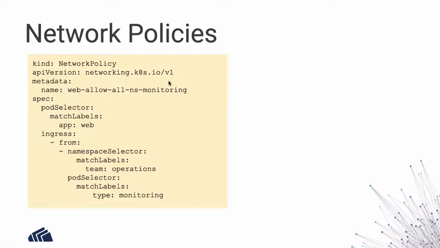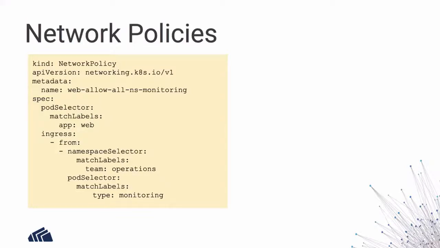The way I think about network policies is that they are L3, L4 firewalls with some extra context added for Kubernetes. So when you look at what this particular network policy would do, the first pod selector is selecting anything with the label, right? So it's very generic, and it selects a web application.